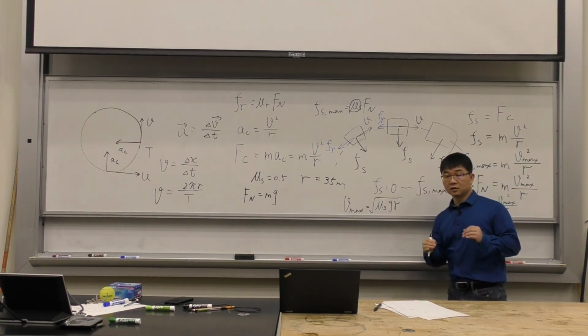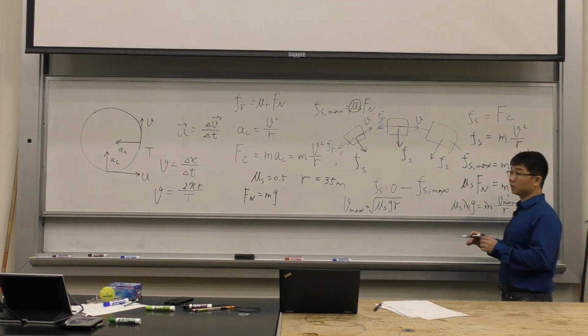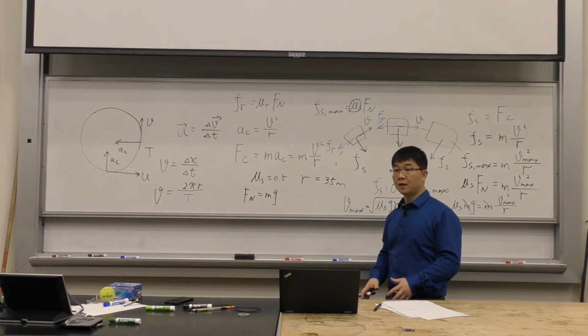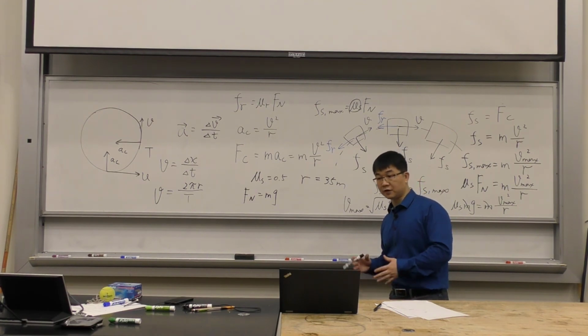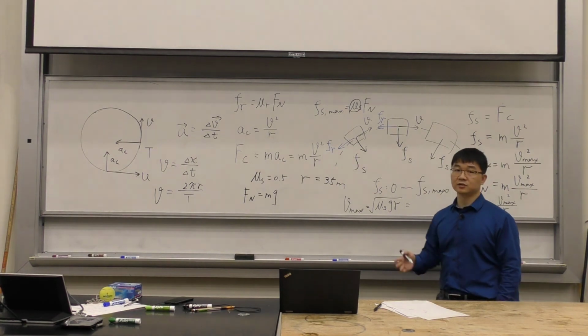I usually plug numbers in at the end. I don't carry the numbers when I rearrange the equation. I know a lot of people like doing that, but that's how I would solve a problem. I would keep all the symbols until I reach the final expression, okay? Because writing these symbols is actually easier for me.